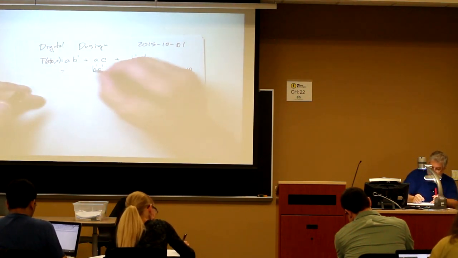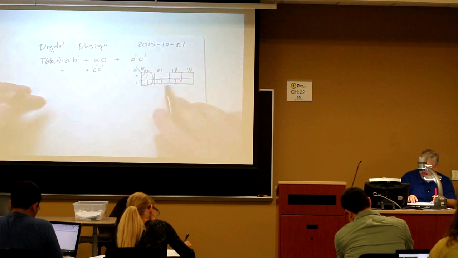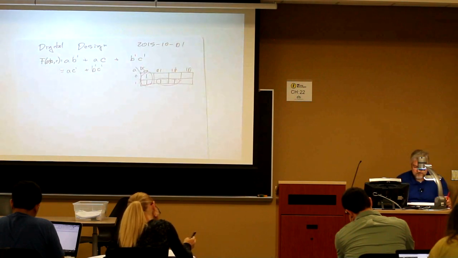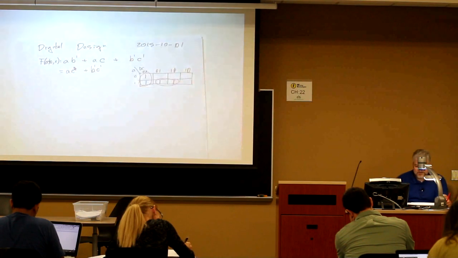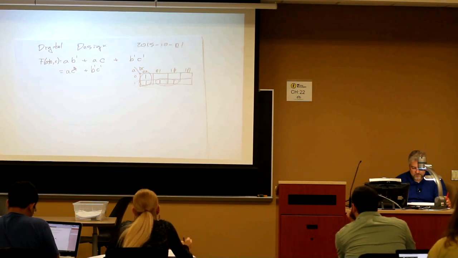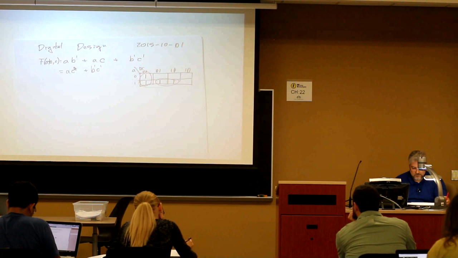B prime, C prime, and this looks like A, C prime. AC. Sorry. I did get that right, did I?